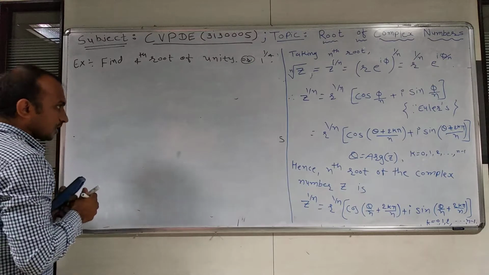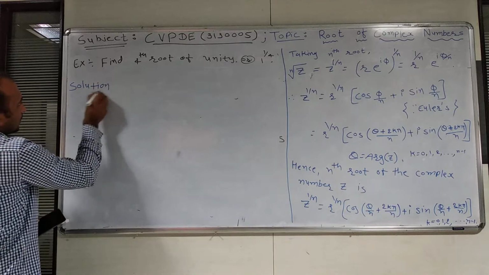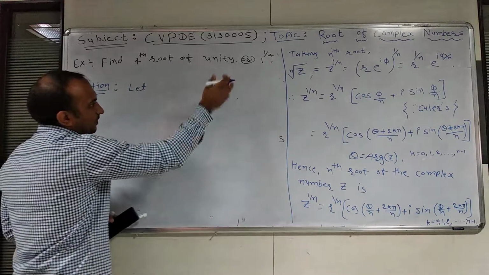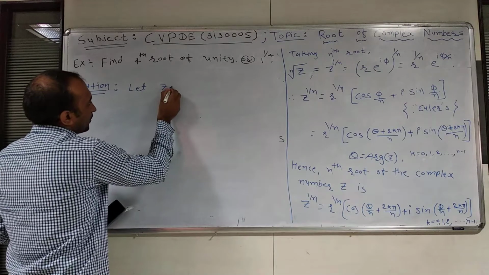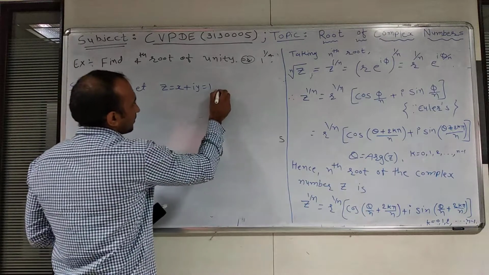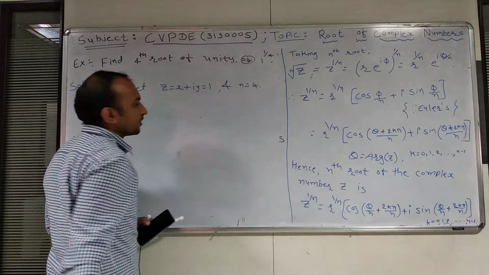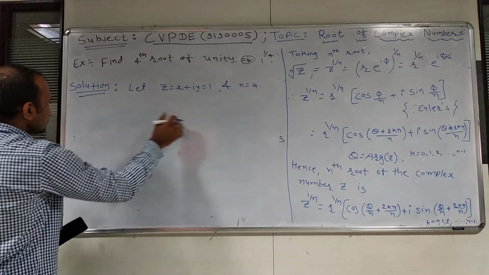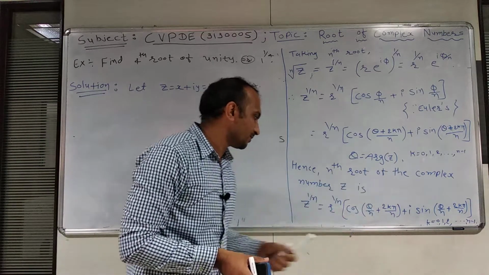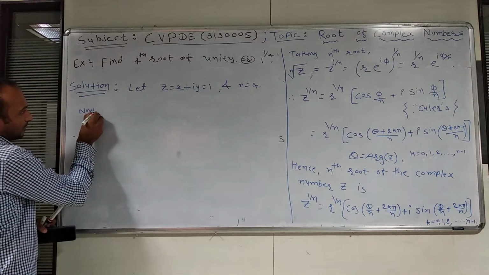Okay, so now in the solution, let z equal x plus iy. Here z is 1, and n is 4. Now first we find our requirements, r and theta, that is the principal argument of z.